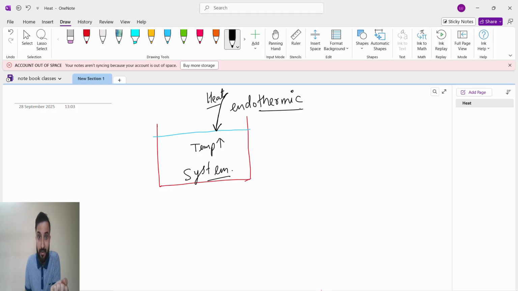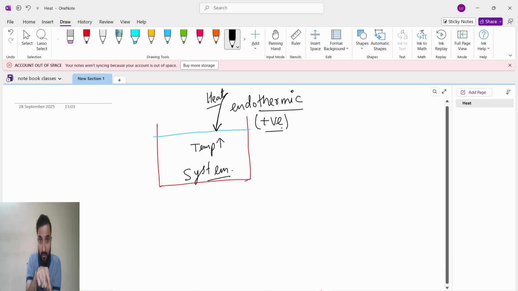So the heat will become positive. In this condition the sign we will take is positive. Why positive? Because heat is going on the system, because the system absorbs the heat. That's why the temperature will increase. So heat is acting on the system, so it is a positive sign.